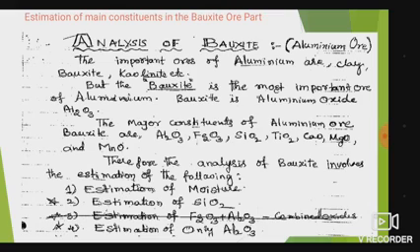Bauxite is an ore of aluminium. The important ores of aluminium are clay, bauxite, kaolinite, etc., but bauxite is the most important ore of aluminium. Bauxite is aluminium oxide, Al2O3.